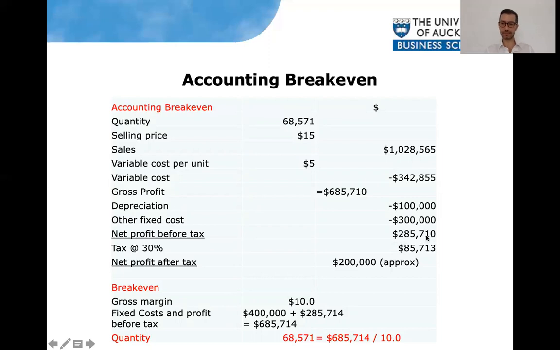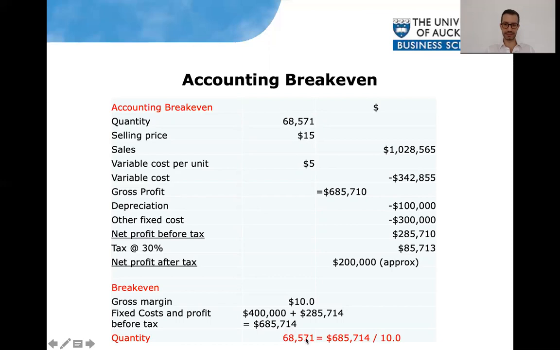So we want the net profit before tax of $285,000. And so to do this, we have $685,000 divided by 10. Means that we need to sell 68,571 products in order to have a 200,000 profit after tax.